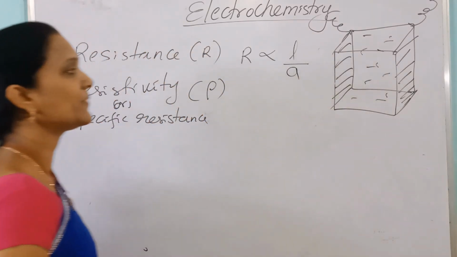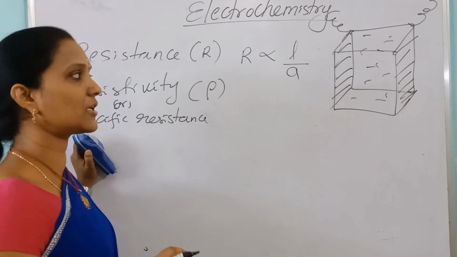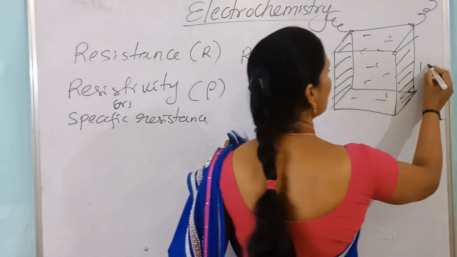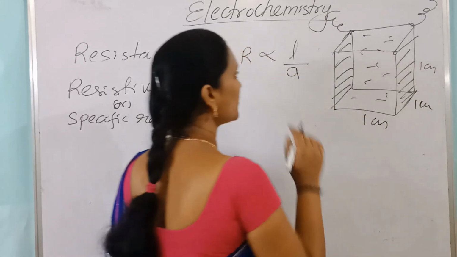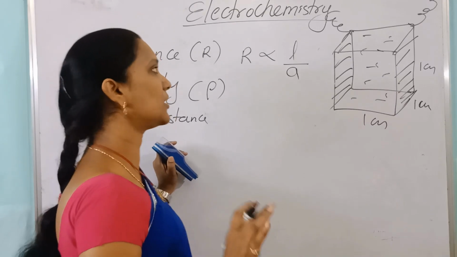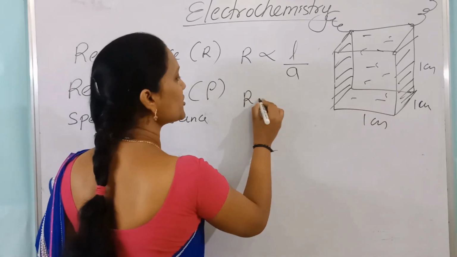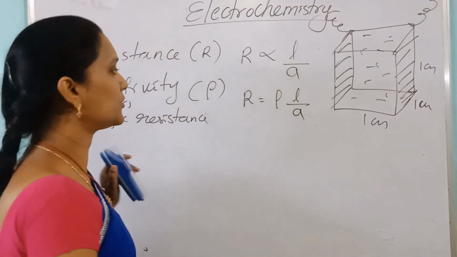If this length is 1 centimeter and that area 1 centimeter square, we will get something later. Anyhow, it is directly proportional to length and inversely proportional to area. Now remove that proportionality: R equals rho L by A.